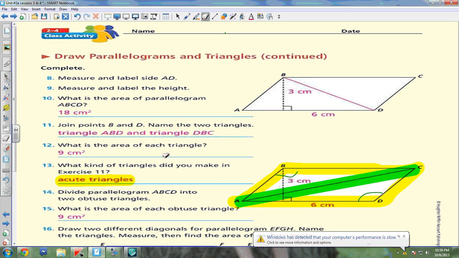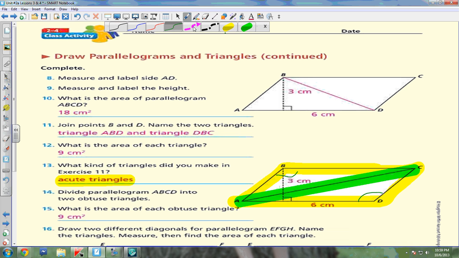So 9 centimeters squared would be the area of each triangle, and that would be the same for CBD as well. And then it says, what kind of triangle did you make in exercise 11? It's again looking at the insides, and those are all acute angles. So they are acute triangles.